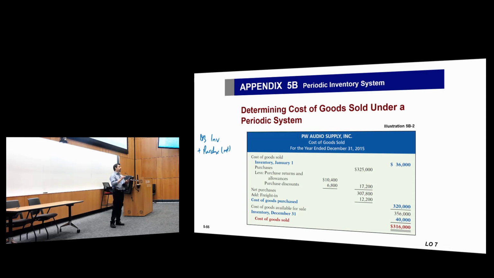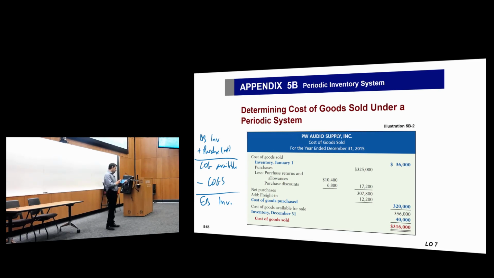By net we mean after subtracting any returns and allowances, etc., right? And then that will give you the cost of goods available for sale. Subtract cost of goods sold, it will give you ending balance of inventory.